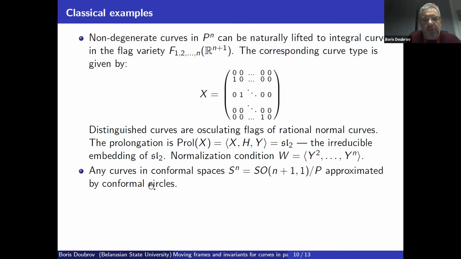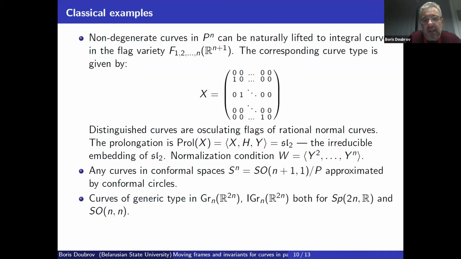And each of such one-dimensional subspaces would correspond to conformal circles as flat curves, so we can compute the prolongation, which will be again irreducible. No, it will actually not. But well, I'm not going to. I just thought about one of the examples where we can use conformal circles as approximation of any curves in the sphere.